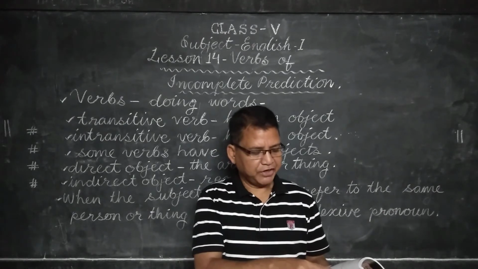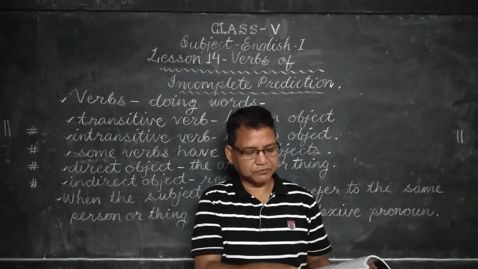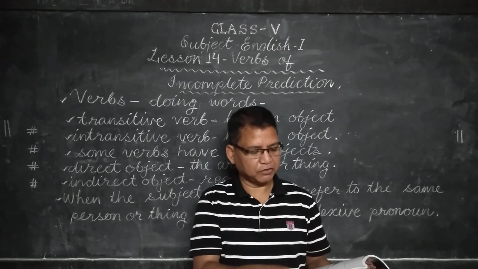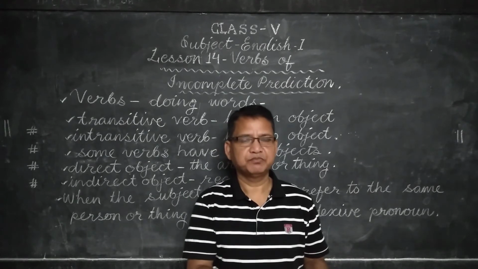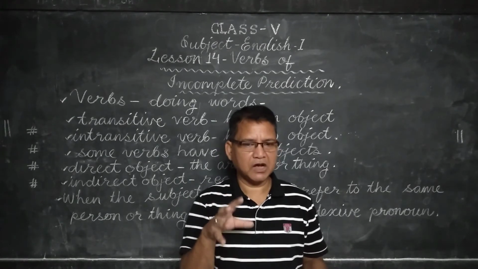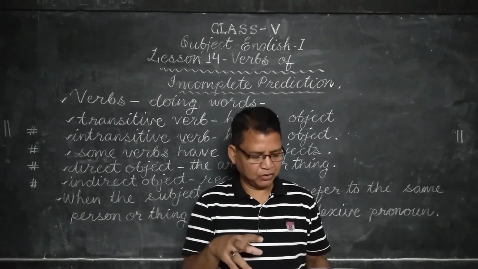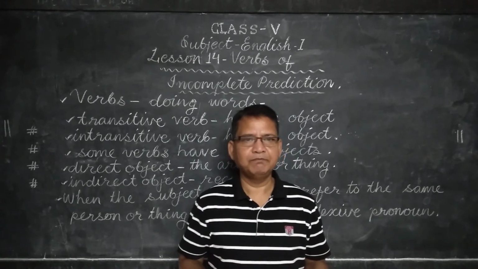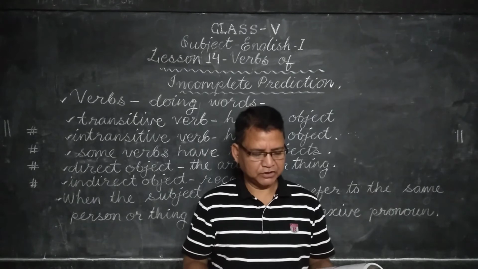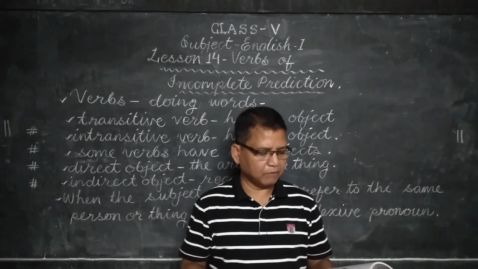Then, if such a complement helps the verb to complete what it says about its subject, it is called a subjective complement. When some words are needed by the verb to give the complete meaning about the subject, it is called a subjective complement.